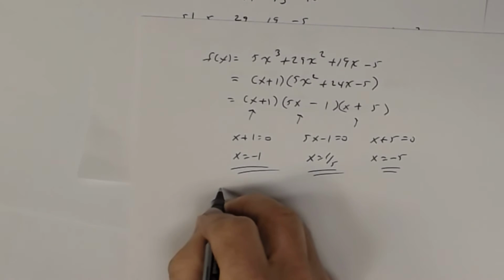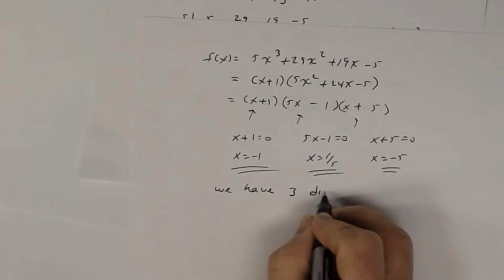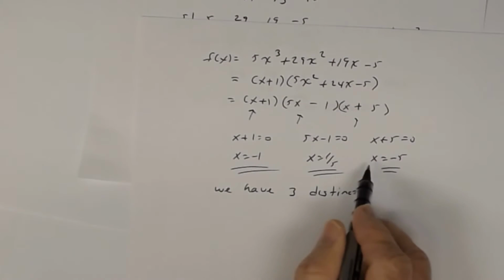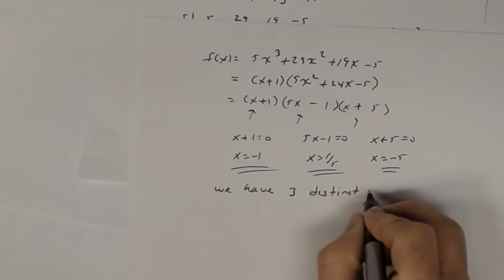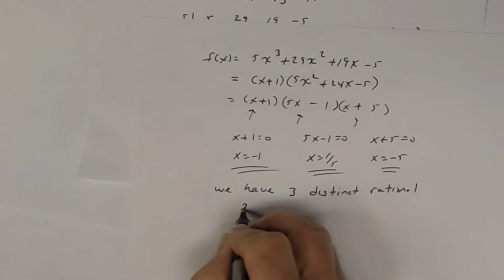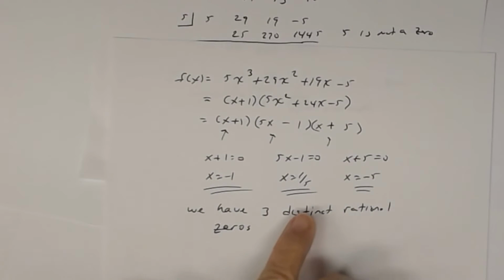So we have three distinct, and remember what I mean by distinct, different, three different zeros, three distinct rational zeros. All right? Now they're real, though, those are real numbers, right?